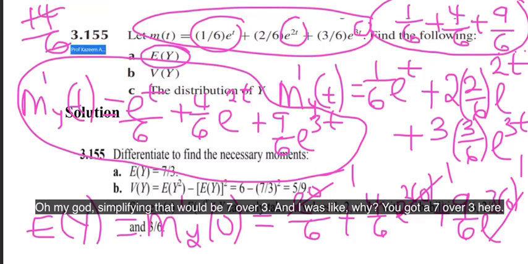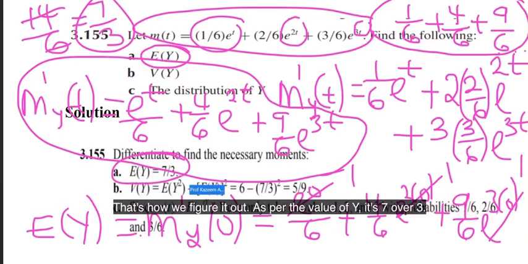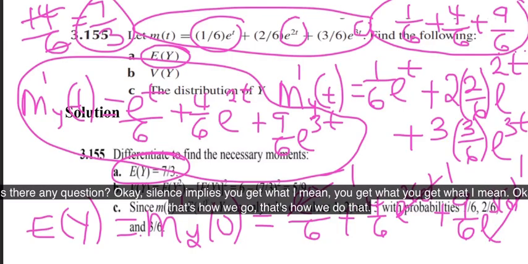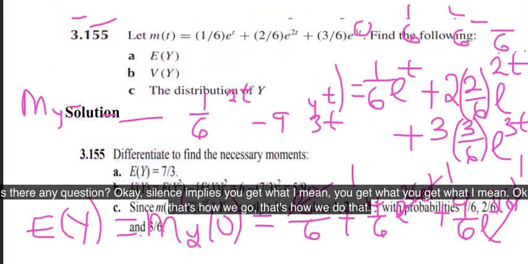Simplifying gives 7 over 3, and that is why you got the 7 over 3 here. That's how we figure it out: the expected value of y is 7 over 3. Is there any question? Silence implies you get what I mean. That's how we do that.